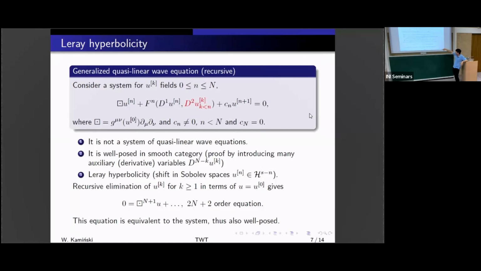And this equation also will be well posed. So we have a theory for how to deal with a subclass of these systems that can be reduced to such an equation.